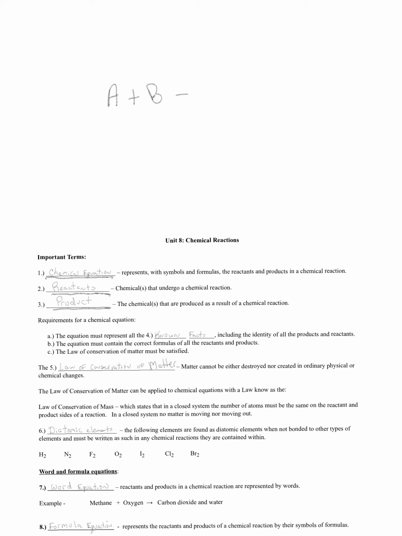And then they react together and they become AB. So this arrow, and we'll talk about it a little bit more later on as well, tells you the direction of the chemical reaction. If you see an arrow like this, the substances to the left of it are the reactants. The substances to the right of it are the product, or products.